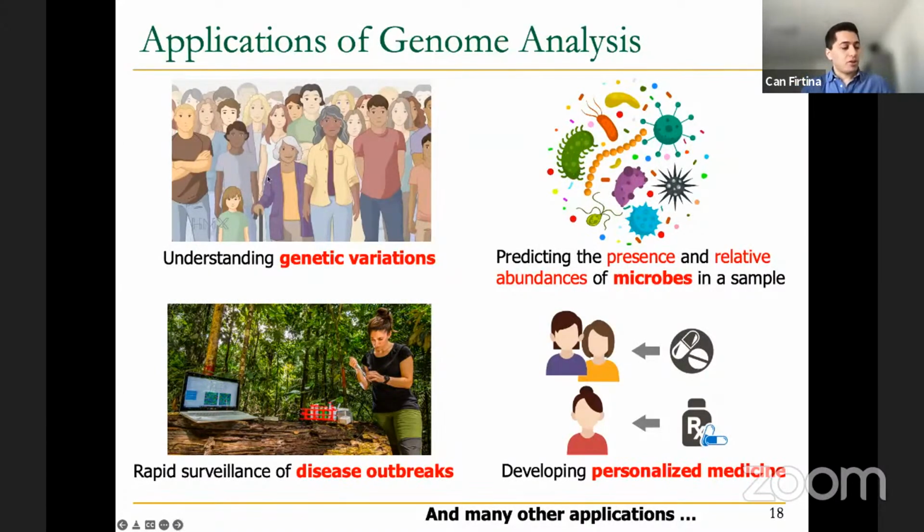So that a certain individual looks different, or a certain individual has more tendency, for example, to develop cancer, right? This is, for example, what we can do: we can compare the text sequences. We can also predict the presence or relative abundance of microbes in a sample, right?